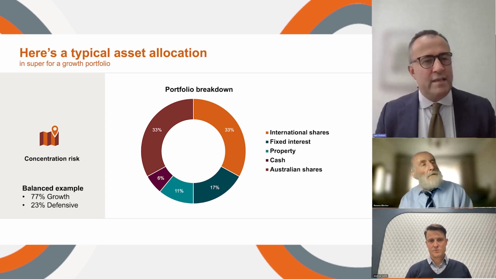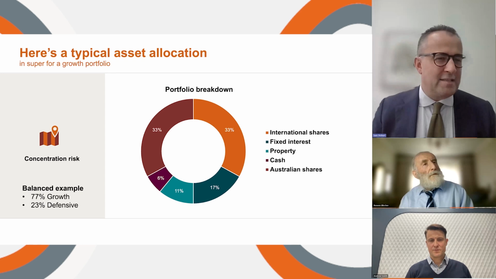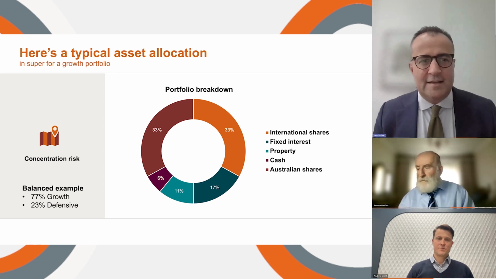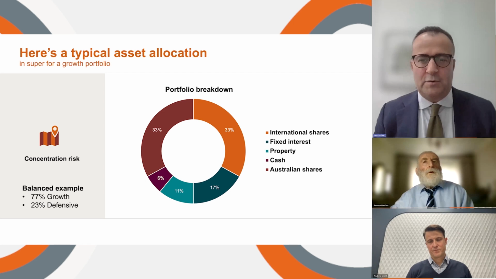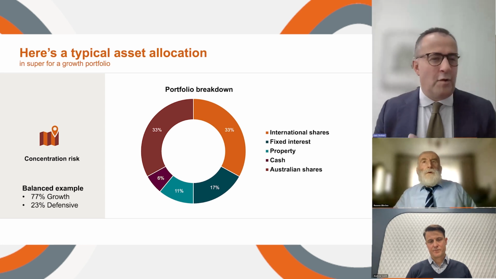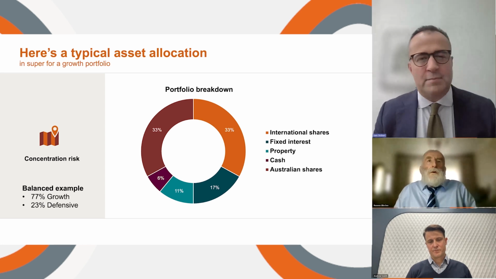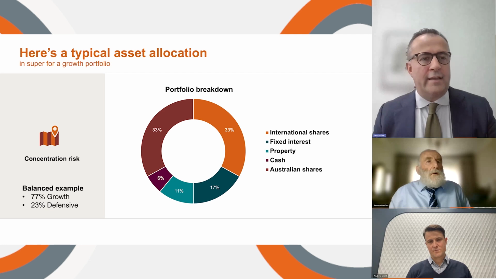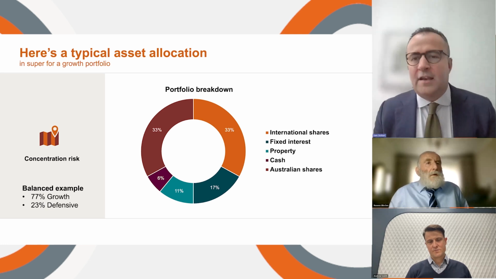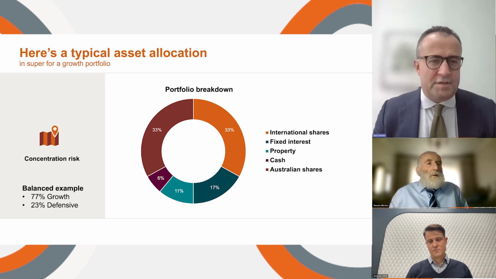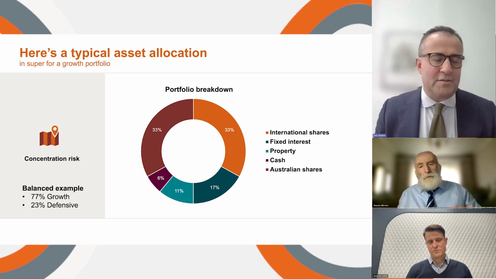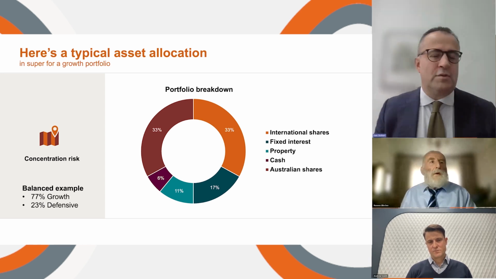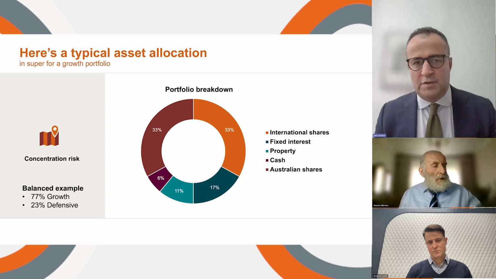But at times, given volatility, a balanced investor does need some defensive assets, those fixed income investments we were talking about. And as a result, around about 20 to 23% would sit in a bucket like that. Through the cycle, this appears to be one of the strongest ways of meeting your retirement objectives over a very long term.